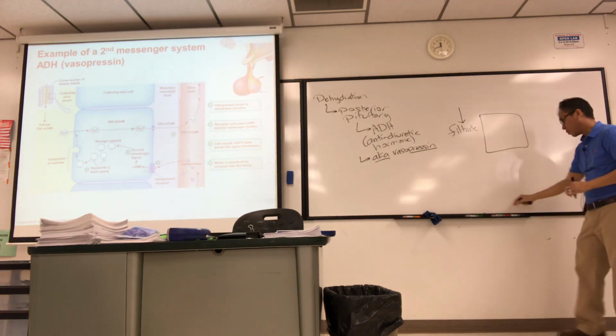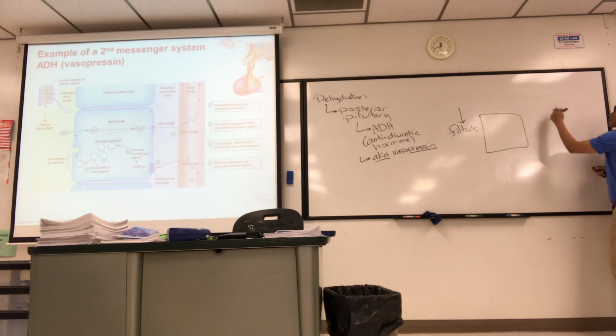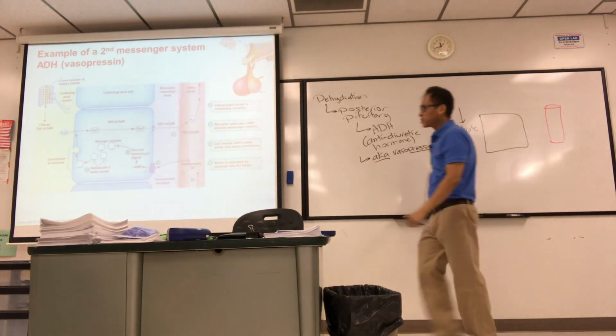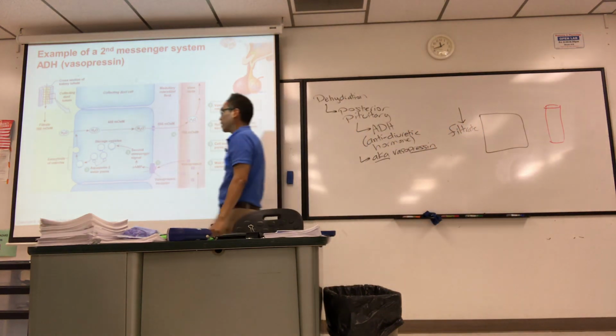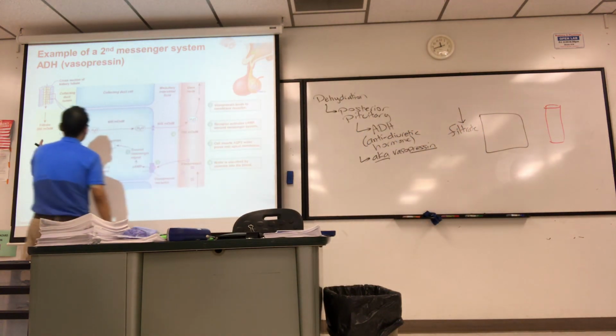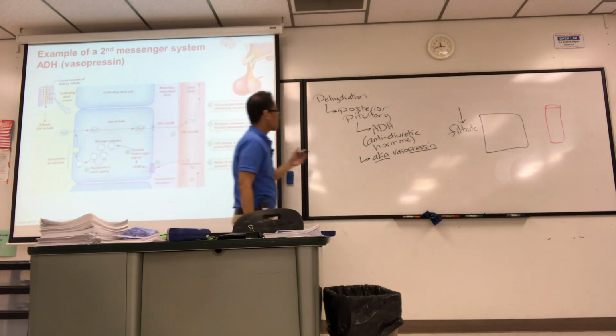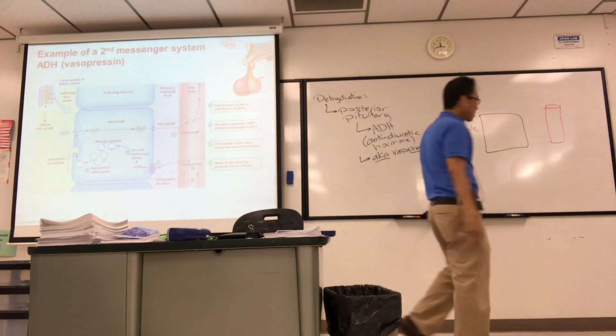So on the other side, you have a blood vessel. One thing I've noticed over the years to point out is the osmotic gradient: 300, 600, 700. Milliosmolarity, the concentration.